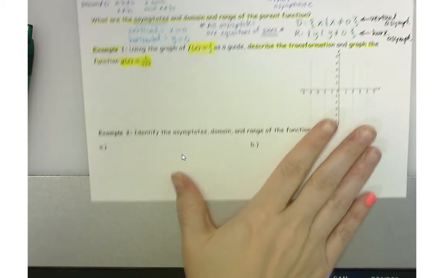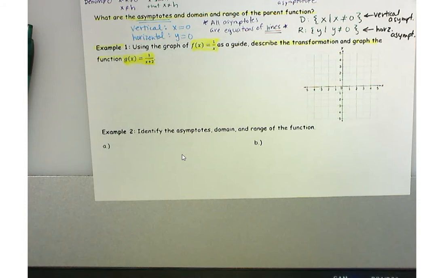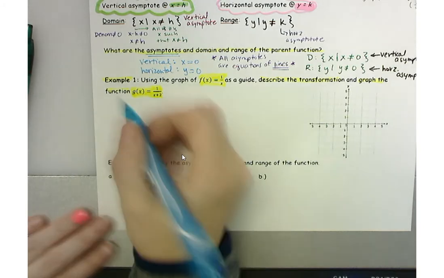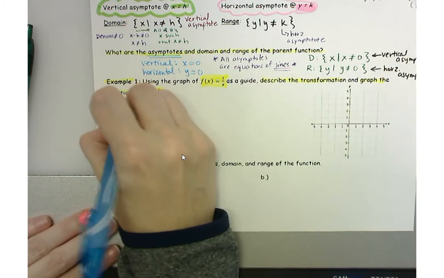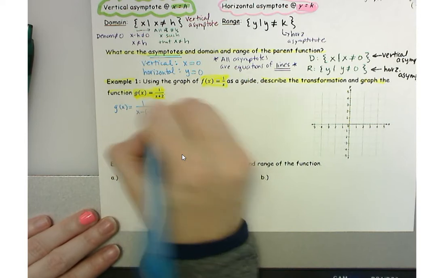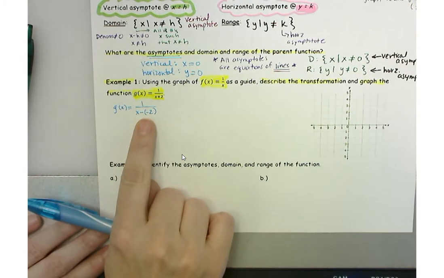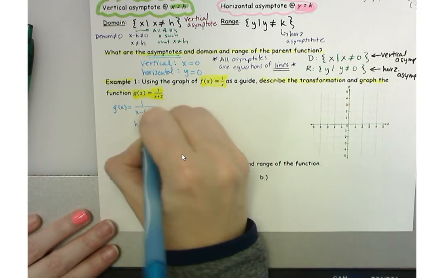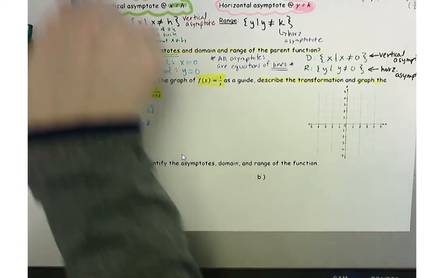Then you can see what your h value is. So our h is negative 2, which means if that value is negative, you are going to have a horizontal translation to the left. So you're going to have to write that out, that it's a horizontal translation, 2 units left, because they're asking you to describe the transformation in the directions.